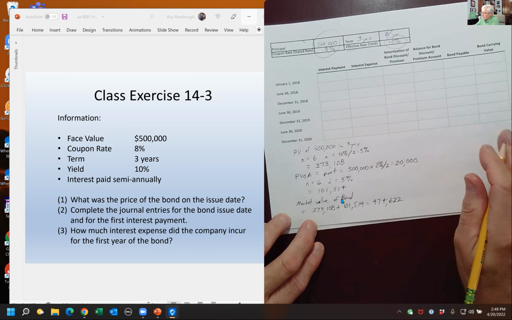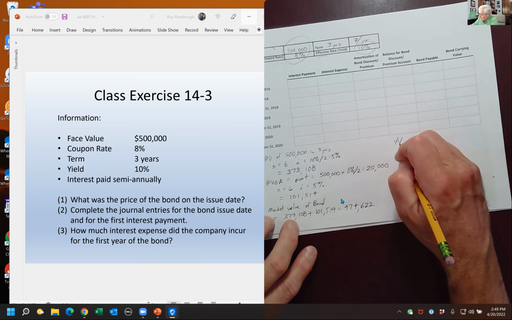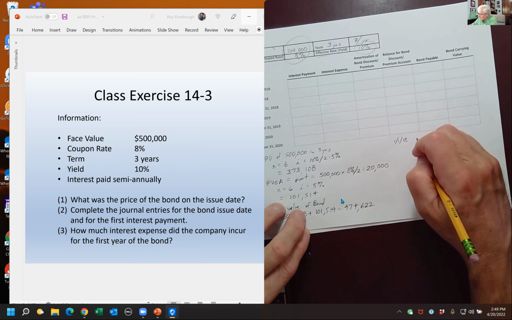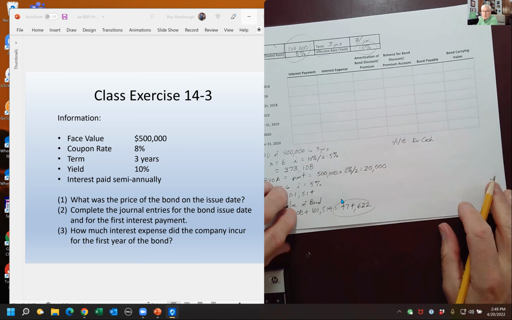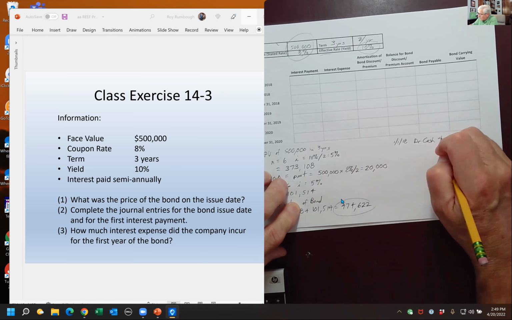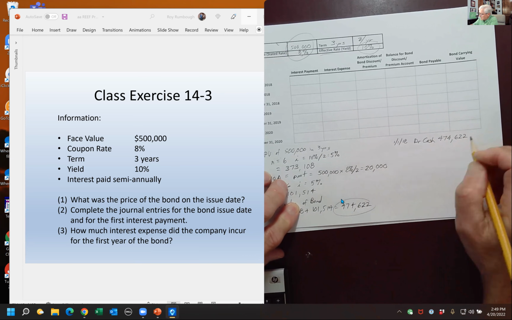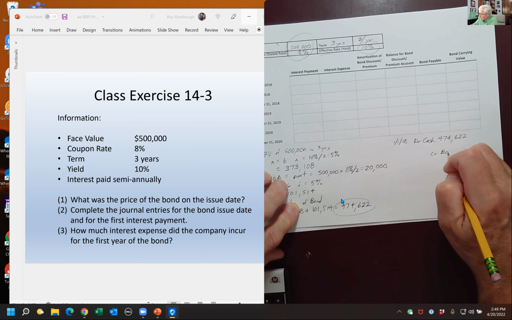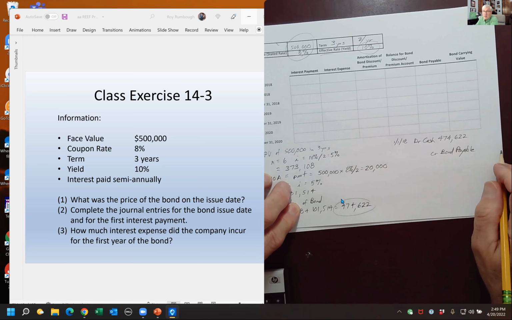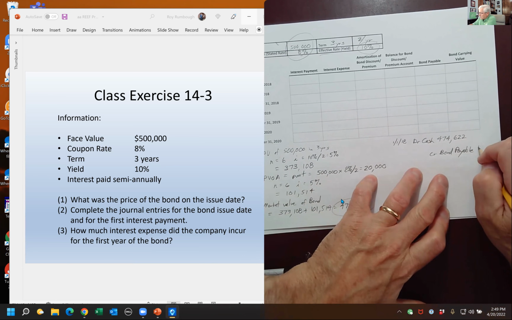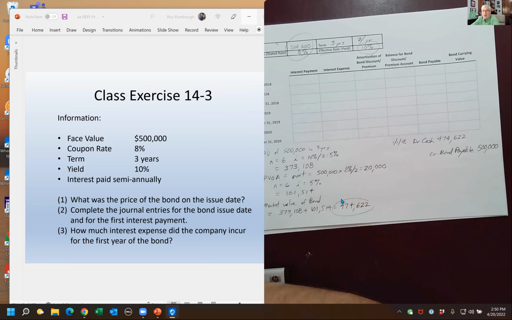All right, let's go ahead and do our first entry because that's going to be required. So 1/1/2018. Debit cash, how much cash are we going to receive? The market value of that, 474,622. Credit the bond payable. Remember, the only thing we ever put in the bond payable account is the face value.